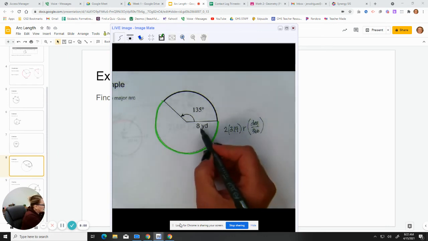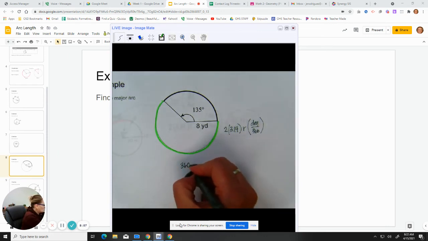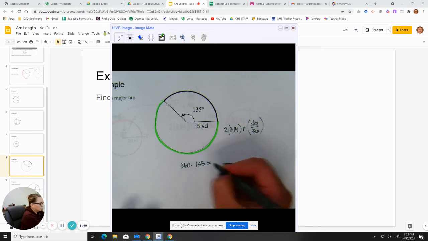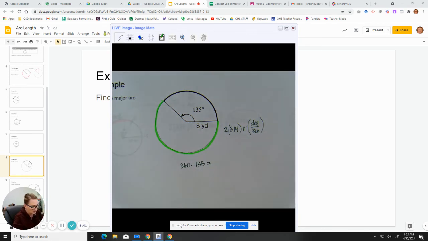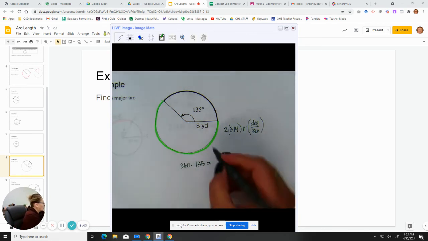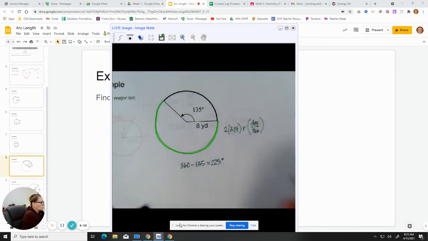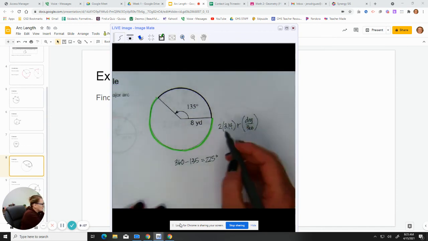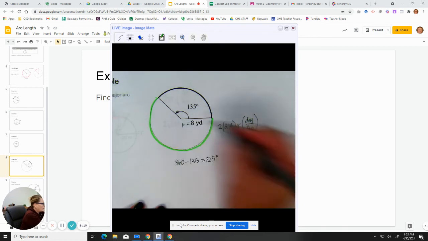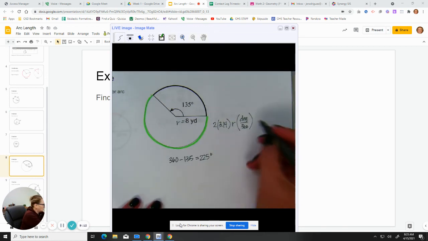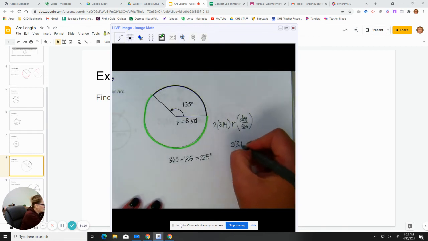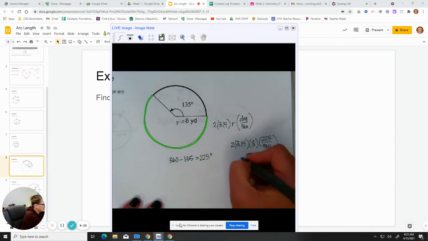So we're going to replace 8 with this, but first I would subtract 135 from 360 to find out how many degrees we have, and we have 225 is what we're looking at. So now it's just a matter of putting it into the right places. So 2 times 3.14 times 8 times 225 over 360.